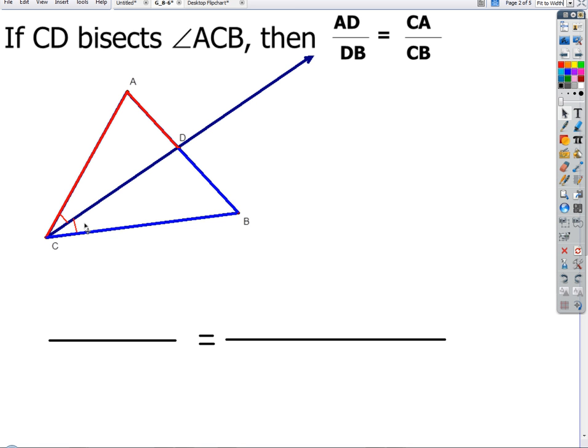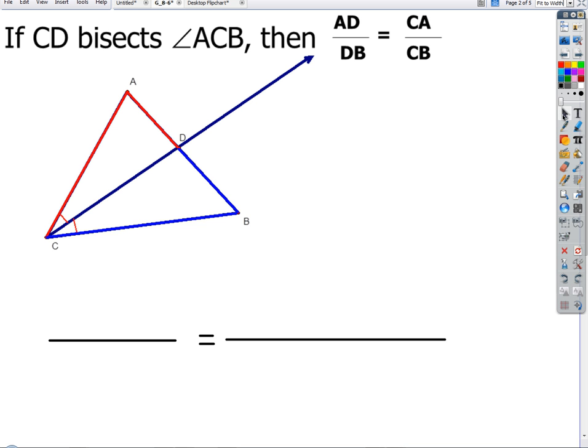That's what we mean by bisecting an angle. Cuts it into 2 congruent parts, right? So if it does that, it's going to pass through the opposite side in such a way that it's going to cut the opposite side so that the segments of the opposite side that it's cut into are proportional to the side lengths that go with them. Okay, so in other words, watch this, it's kind of tricky.